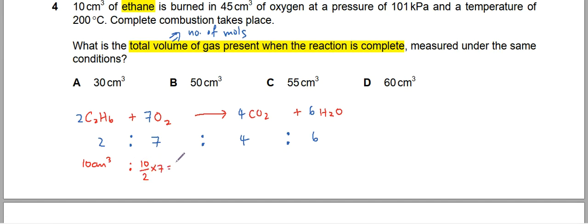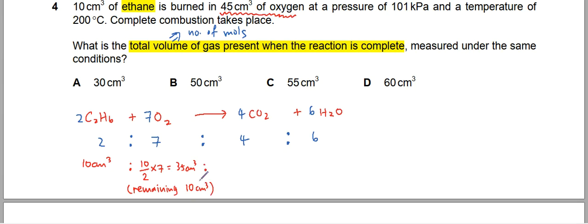So we know that we're going to need 35 cm cube of the oxygen. But if you look at the question, it actually provided 45, so we know that we're going to have a remaining 10 cm cube, 45 minus 35.